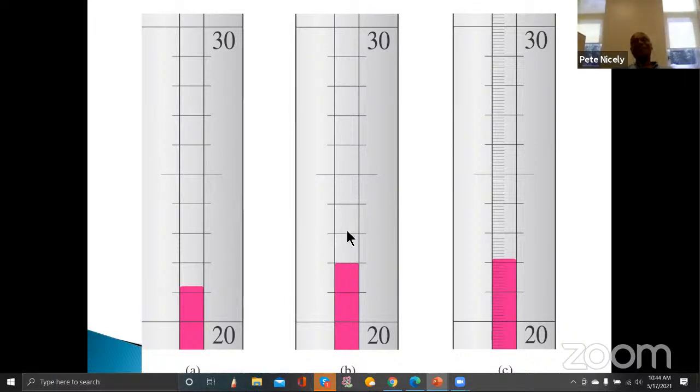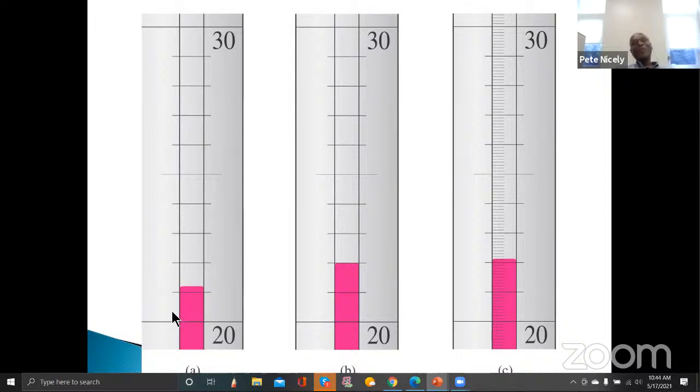The same is true for this scale here. Let's see if we can determine what value is being measured by the mercury coming up to this point. Based on the scale etched here, we know the value would be 21 point something. So the question is, what is the digit after the decimal point?